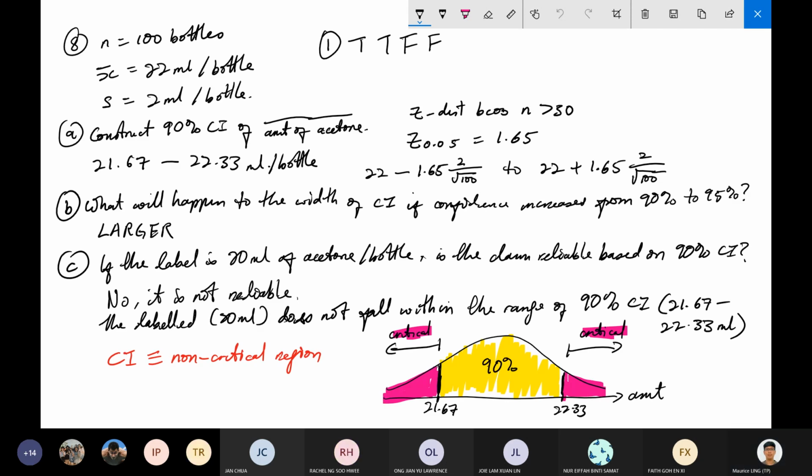False, not true. To make it true, it should be equivalent to the statement there is 95% confidence that the population mean is between 83 to 90. It's not the 95% probability.